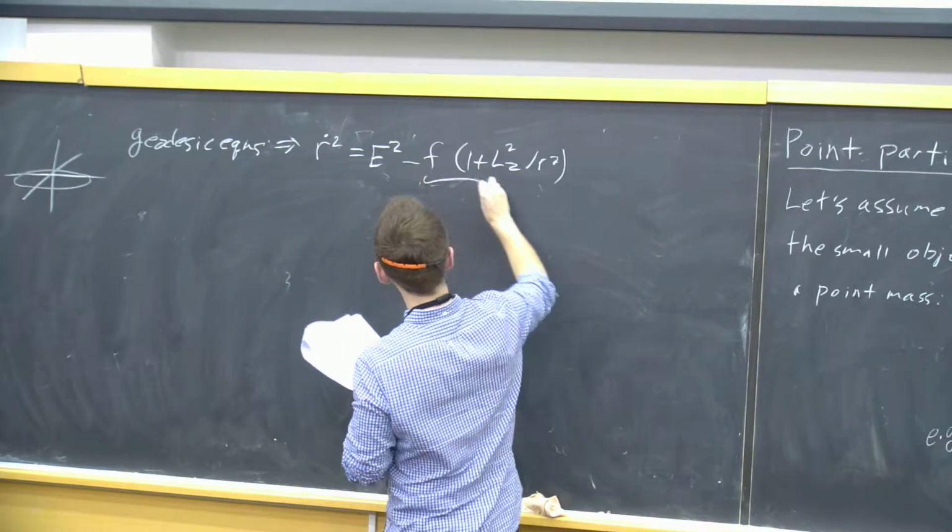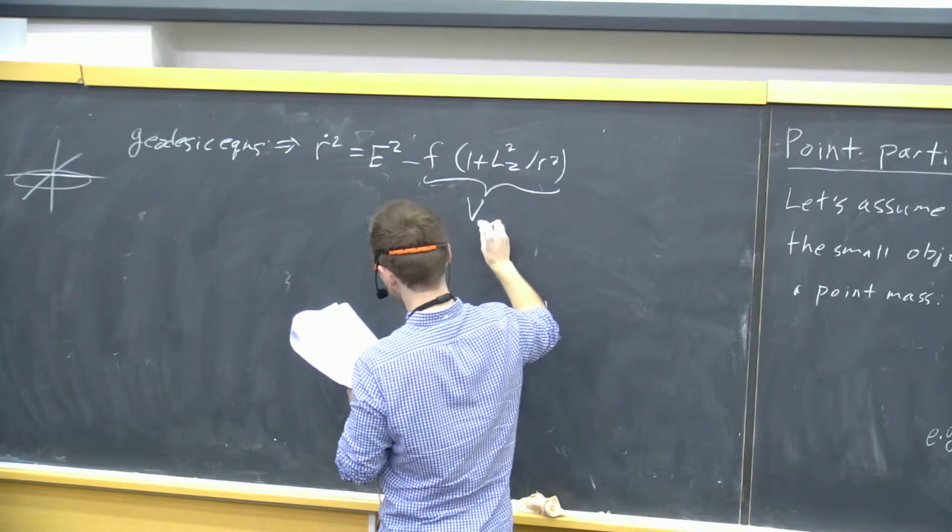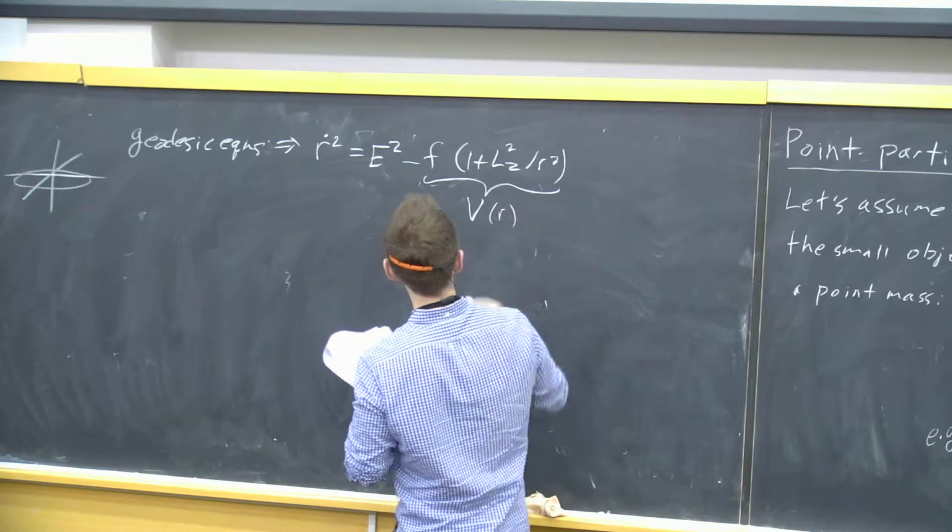This gets called the effective potential. It's just a function of r.